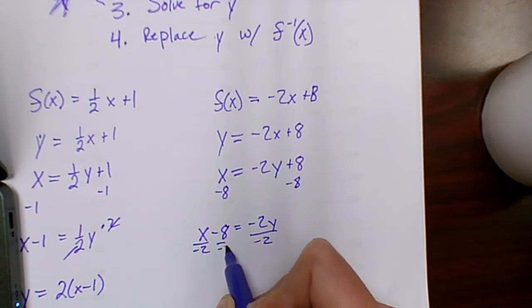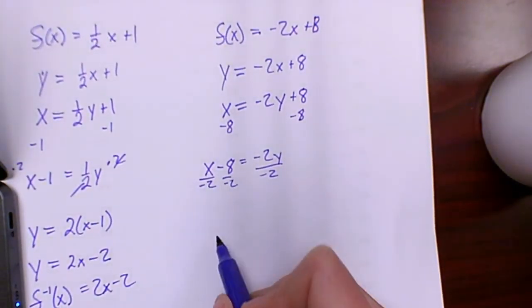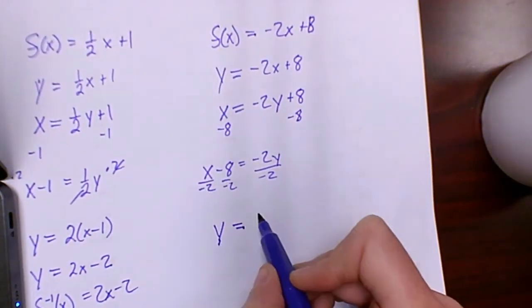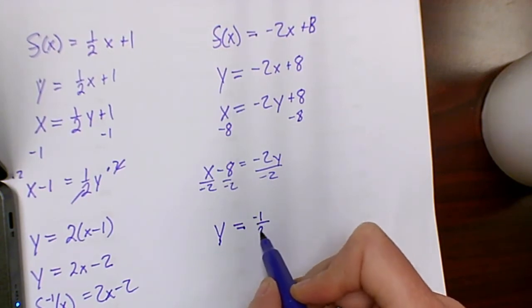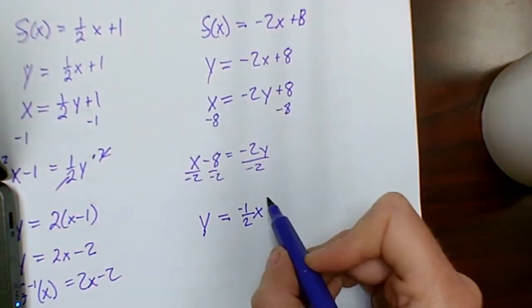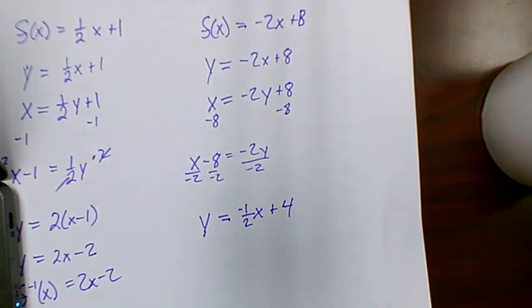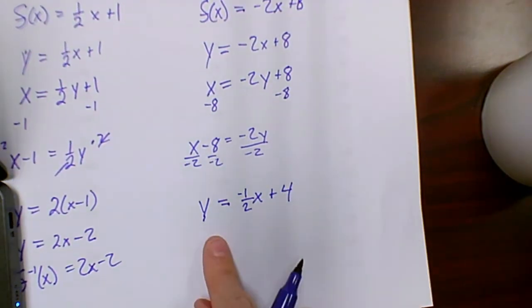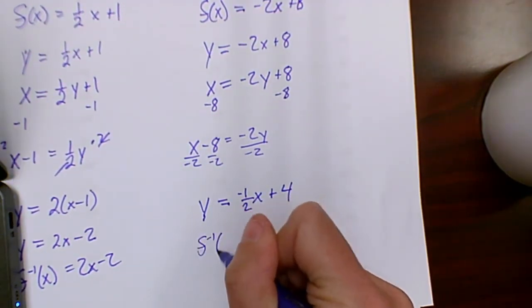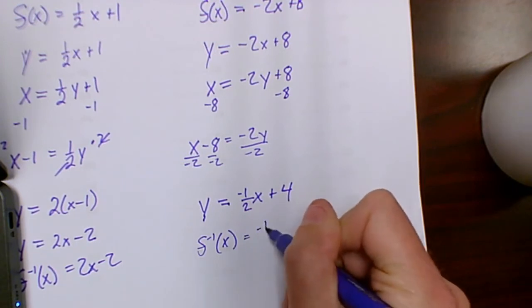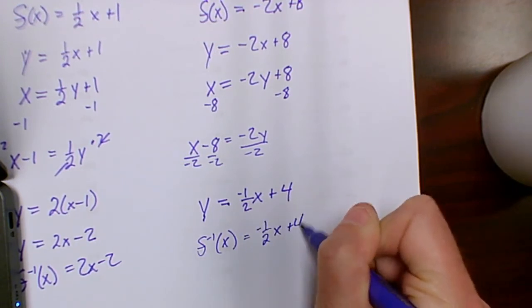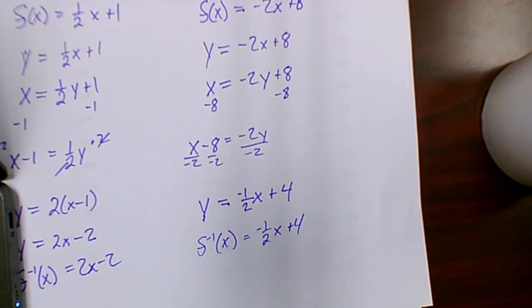I'm going to divide by -2 with each term. So y equals -1/2 x plus 4. And then the last step, which I'm not too worried about, you change your y into the inverse function. And that's it.